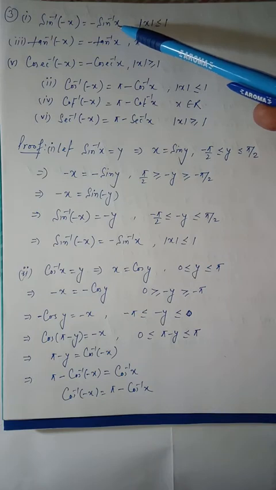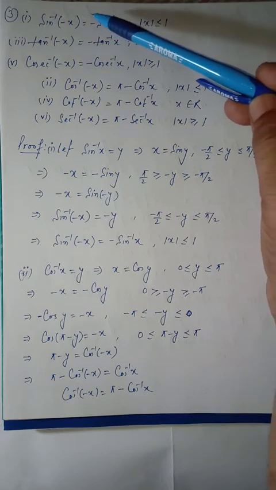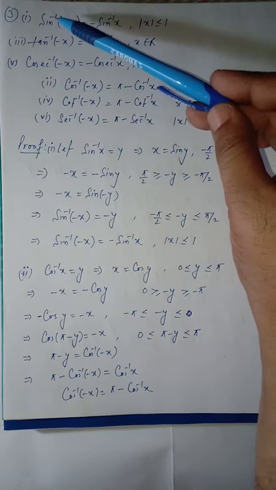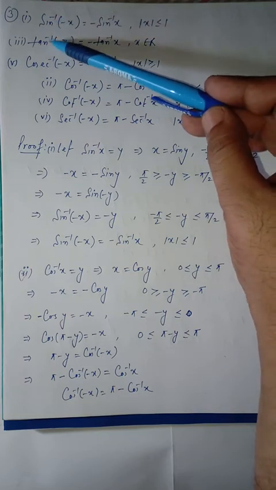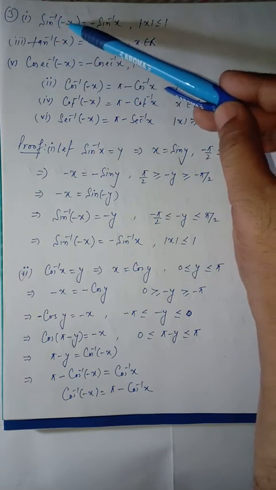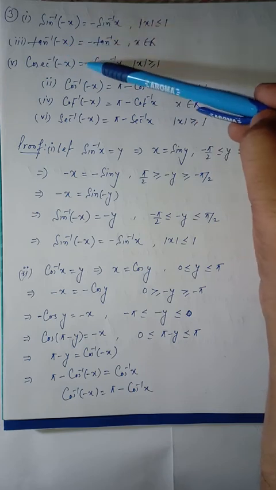This is a similar formula, but for inverse trigonometric functions. So remember, for sine, tan and cosec, the negative of the angle becomes minus of the function.